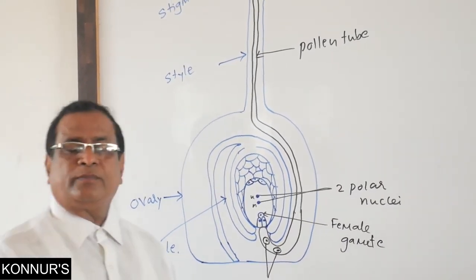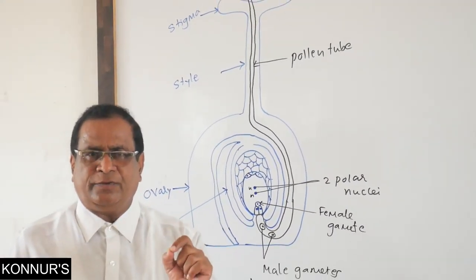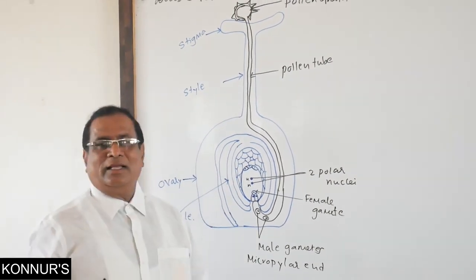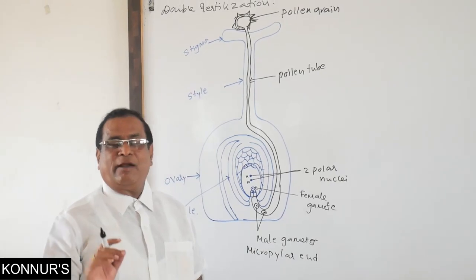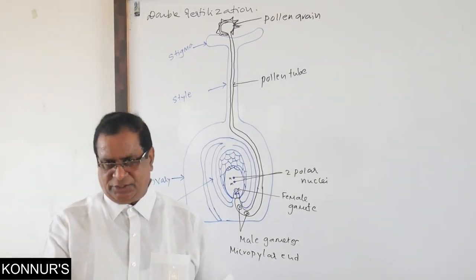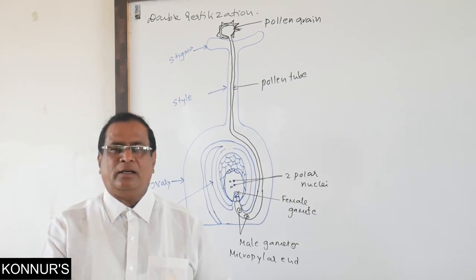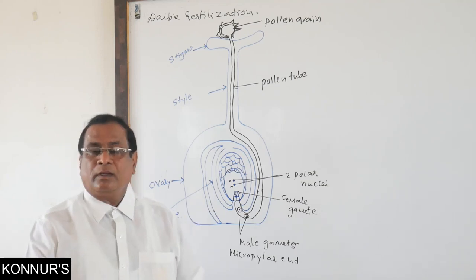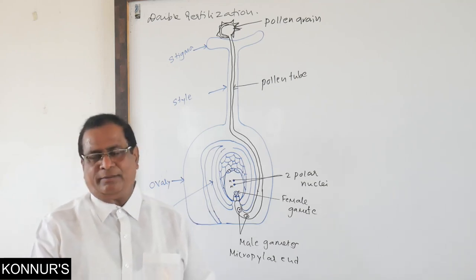Already we know that in 60% of angiosperms the pollen grain is transferred and falls on the stigma in the 2-celled stage, those are the vegetative cell and generative cell.